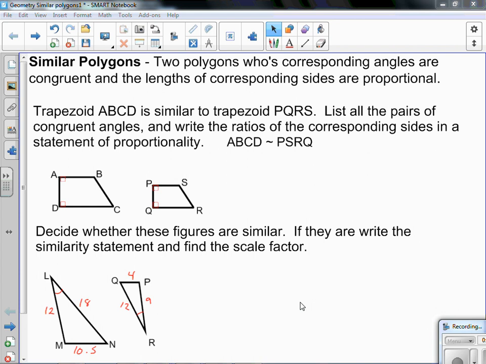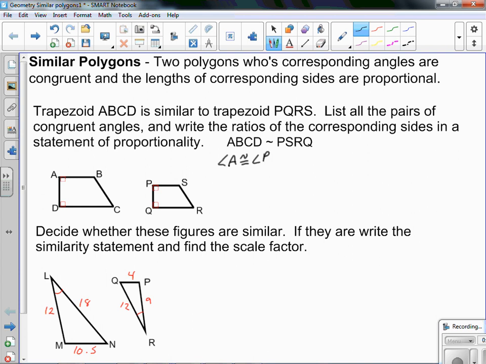All right, so trapezoid ABCD is similar to trapezoid PQRS. List all the pairs of congruent angles and write the ratios of the corresponding sides in a statement of proportionality. So if they're similar, we know that the corresponding angles have to be congruent. So angle A would have to be congruent to which angle in the small figure?